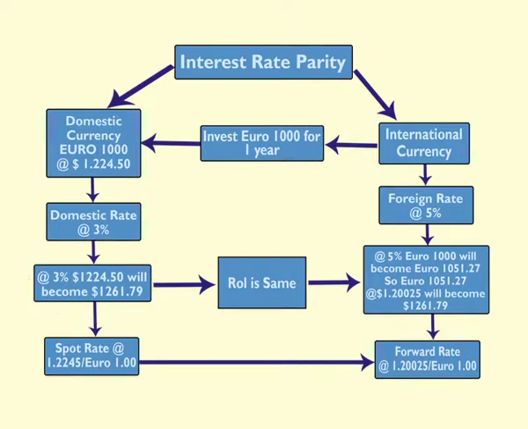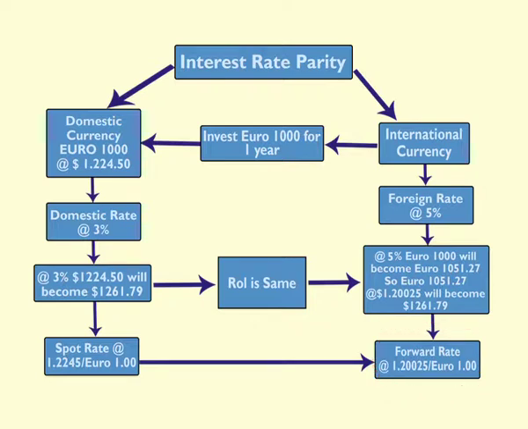Case 2, international investment. We can also invest 1000 euro in an international market where the rate of interest is 5% for 1 year. So, 1000 euro at 5% for 1 year gives 1051.27 euro. Let the forward exchange rate be $1.20025 per 1 euro.